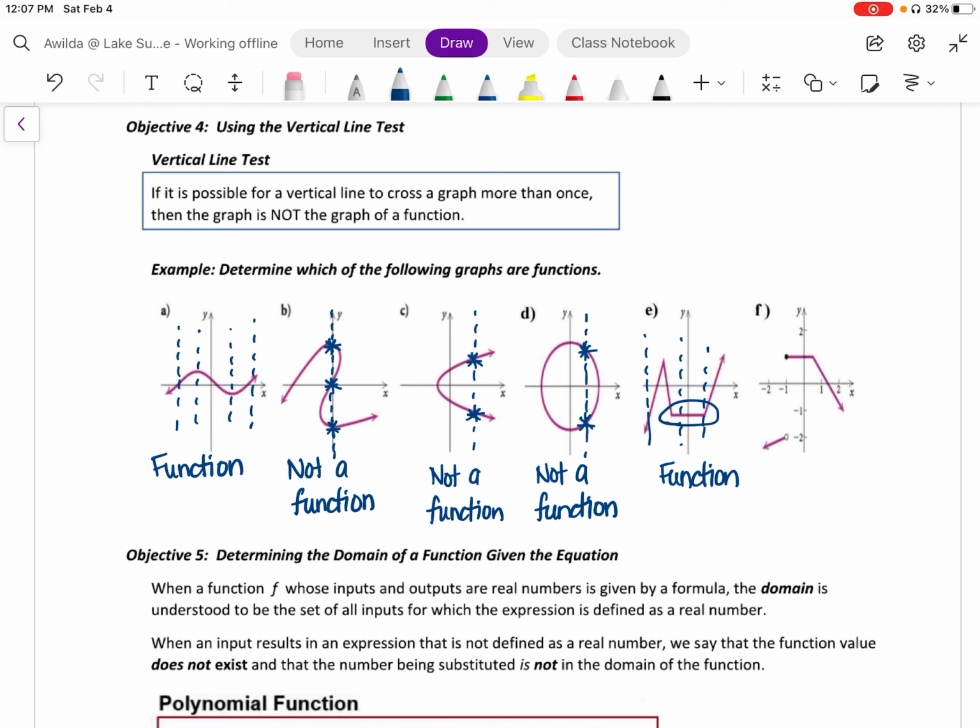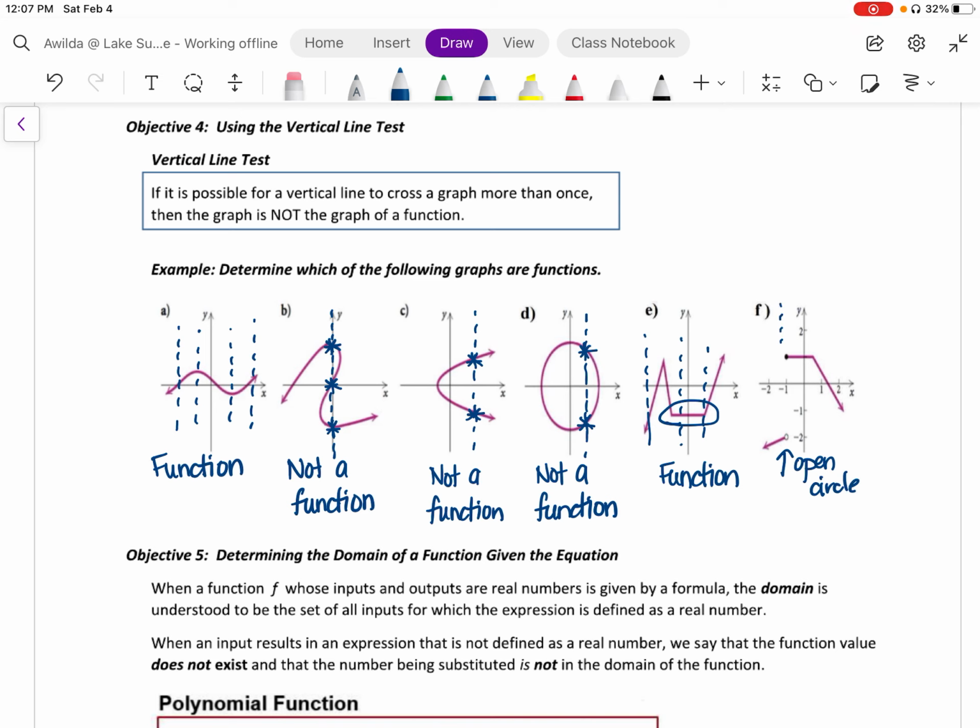In letter F, again, we can try to imagine a vertical line at many different places, and yet there will be no vertical line that passes through 2 ordered pairs. I know it's kind of small to see here, but that is an open circle. That means that that point does not constitute part of the graph.